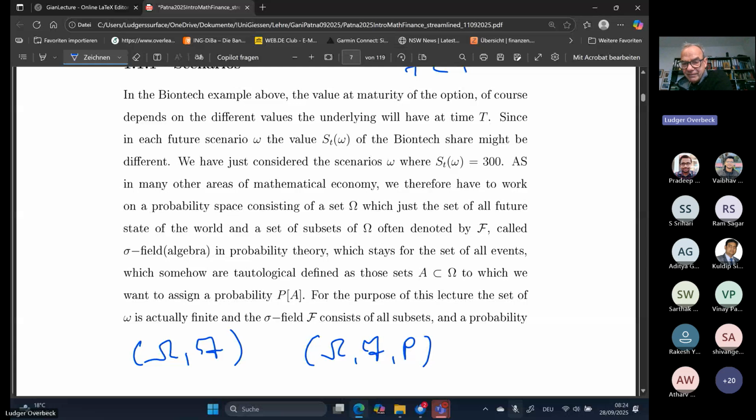But currently it's not of interest in the first lectures because we just say omega is a finite space, so the sigma algebra is the set of all subsets, and we assign to each subset the probability as a sum of all probabilities.